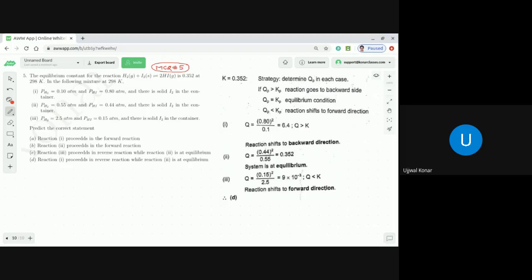Dear Tejas, please have a look to understand why it is option D and not B.